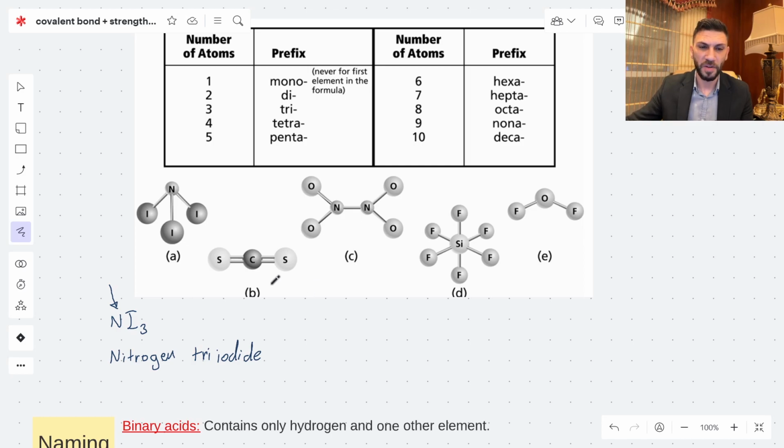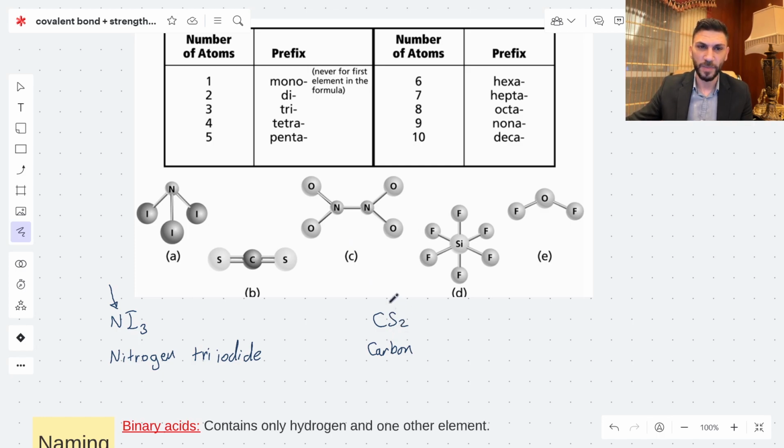Let's have another example, which is B. And B is CS2. Again, for the first element, we will not change the name. It's going to be carbon, and we do not write mono because it's the first element.